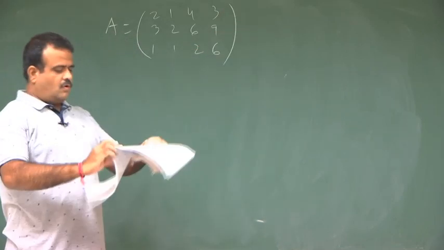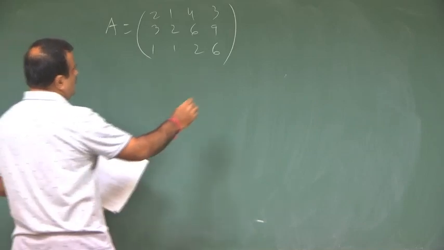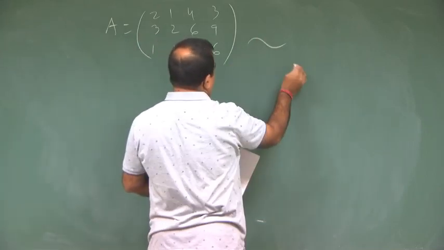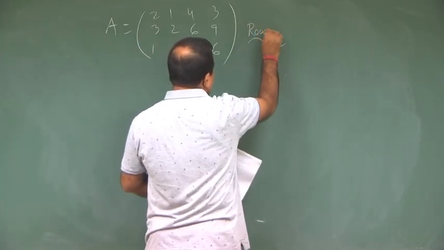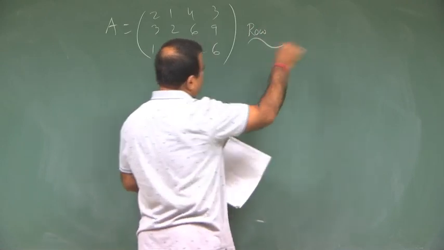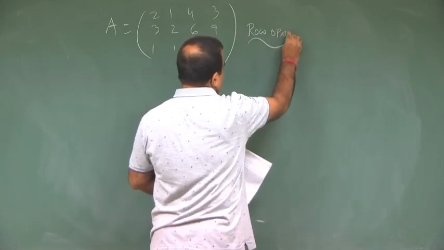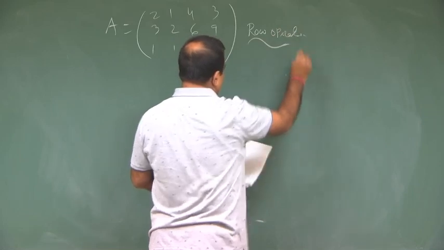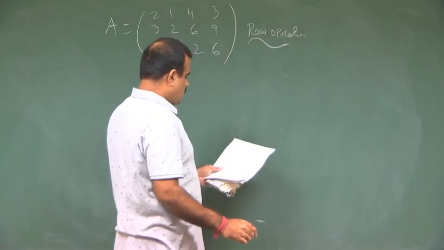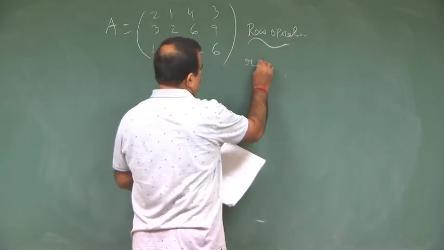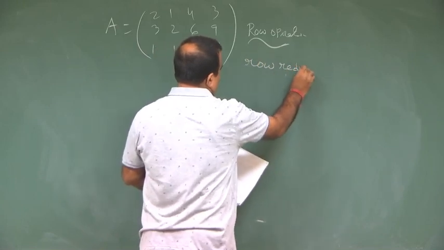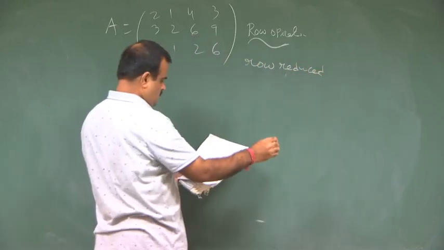Okay. So, for finding the row rank, what are we doing? We are applying row operations. This is the row equivalence form. We are applying a series of row operations, and we transform it into what is called the row reduced echelon form.